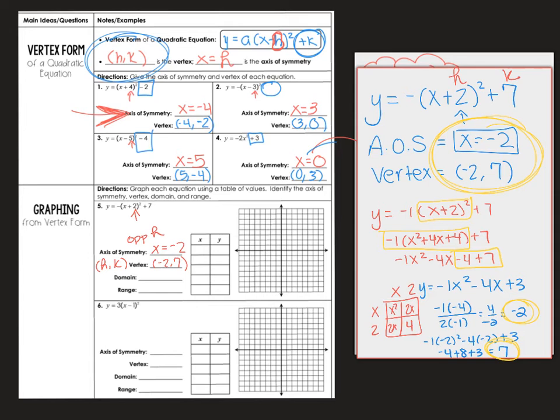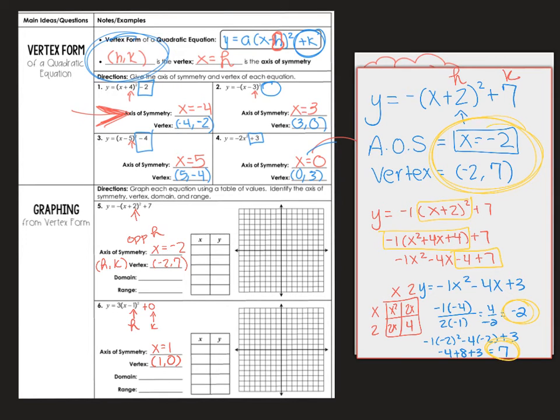With number 6, for axis of symmetry, if I do the opposite of the h value, I would get +1. For the vertex, the k value is 0. As far as filling in the table, graphing this, domain and range, all of this is going to be just like what was happening before.